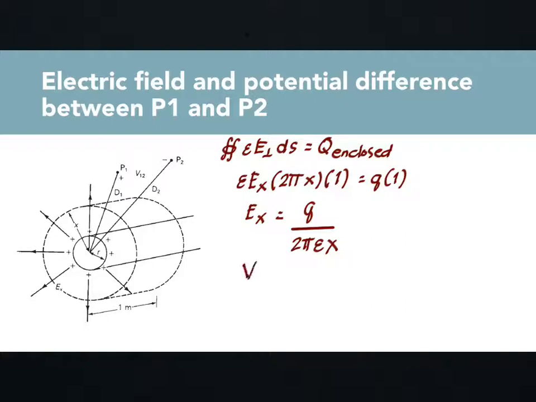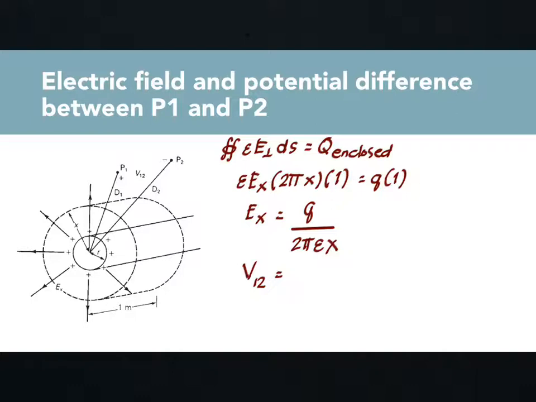Now, since we are done with the electric field, as we said earlier, another parameter to obtain is the voltage, the voltage between points 1 and 2. Points 1 and 2 are shown here. Point 1 has a distance D1 from the center, and D2 is the distance of P2.